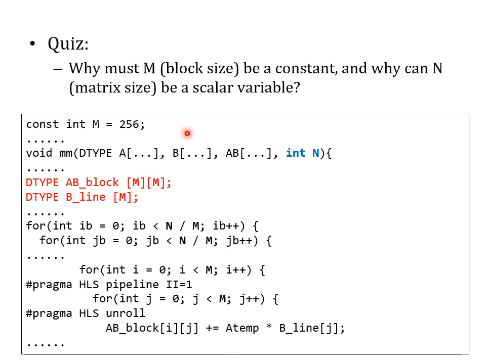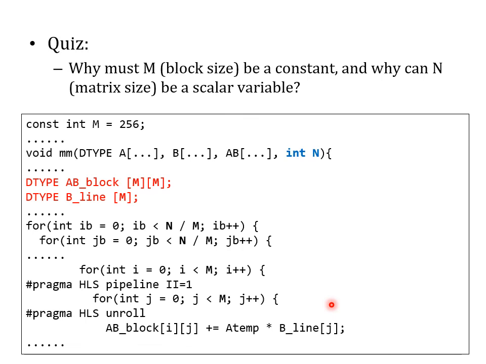Well, if you see where M is being used, it's being used in a loop that has been unrolled, right? You have to keep in mind that we are implementing this in FPGA, not in a CPU. So FPGA is a hardware, and you typically cannot change the architecture of a hardware dynamically.